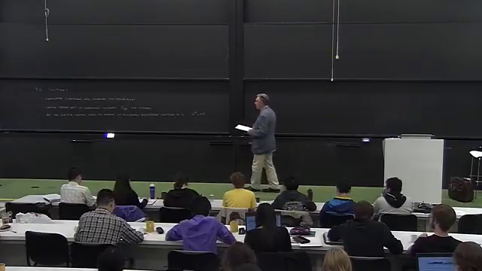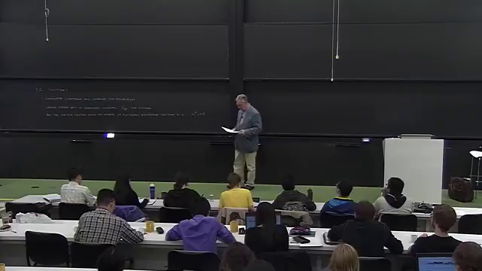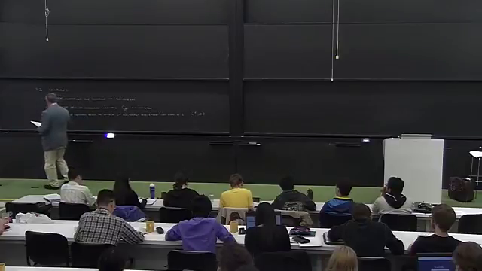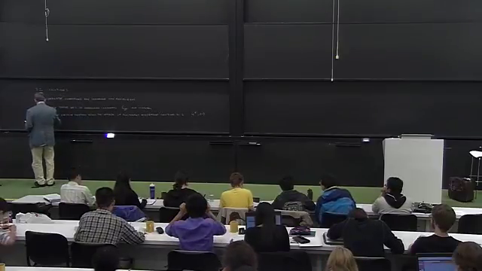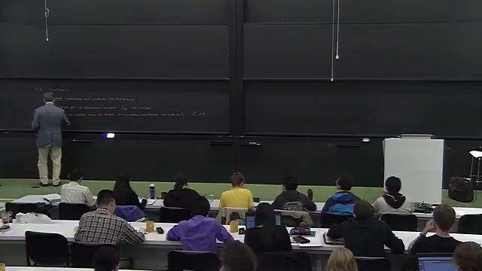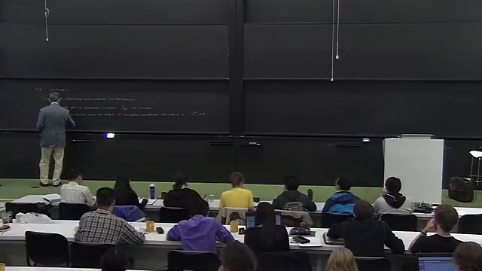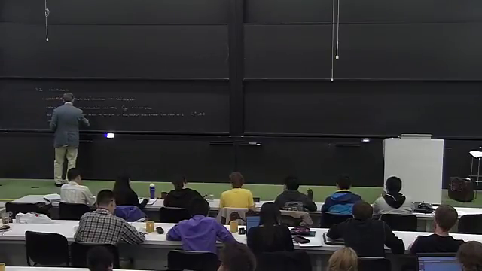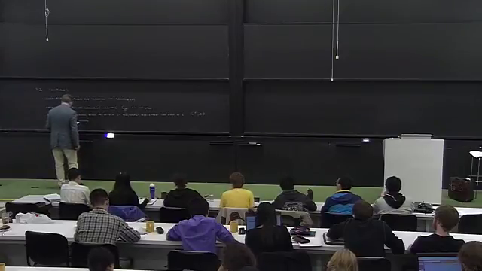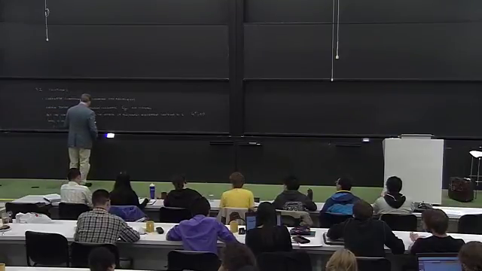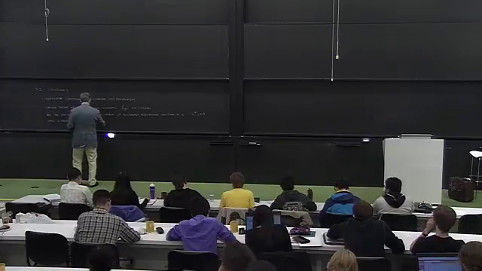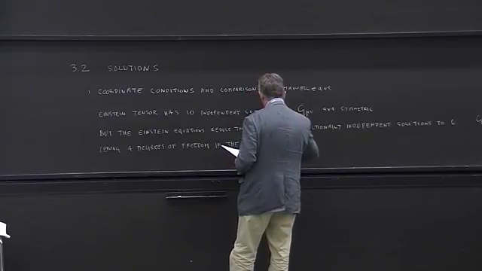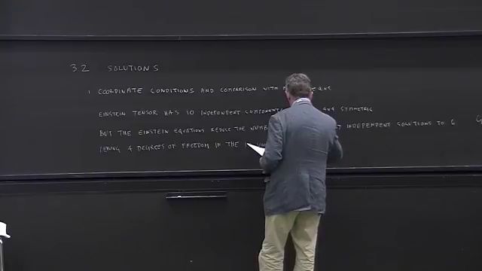So that reduces 10 by 4 equations, which makes it 6, leaving 4 degrees of freedom in the 10 unknowns, g mu nu of x.